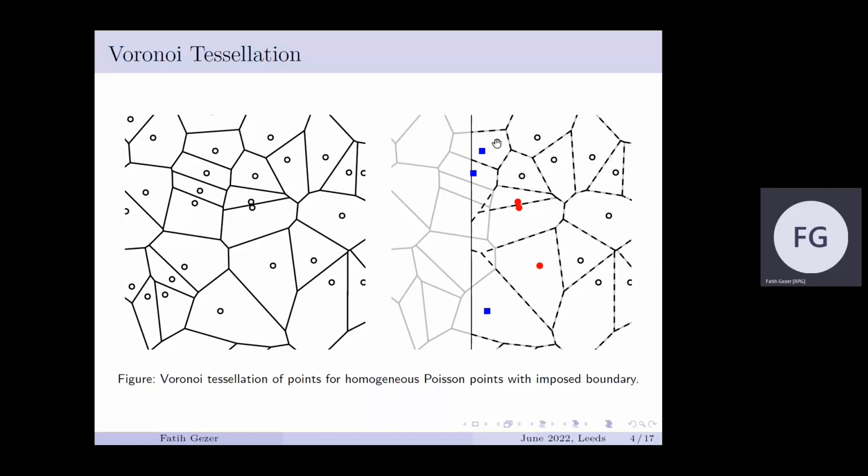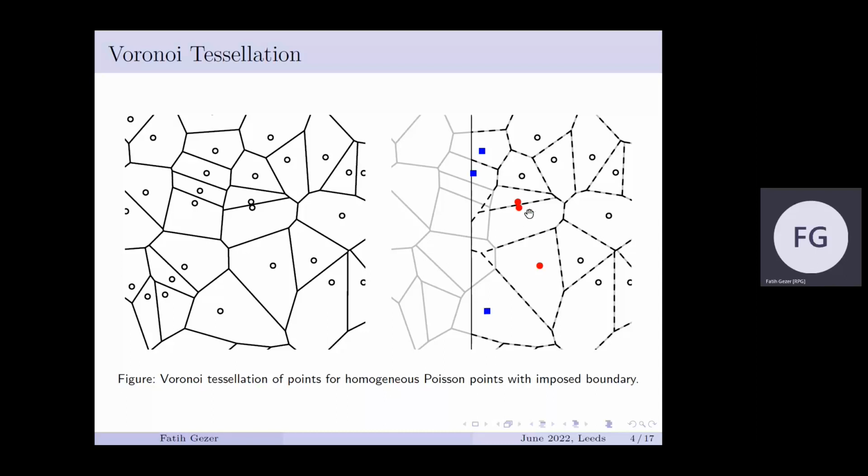But more interestingly, we have some red points. These points didn't intersect the boundary before it was imposed, and it still doesn't intersect the boundary. But we see that their shapes are also changed. It's a bit natural to have a change in the areas or the sizes of these cells, which are shown with the blue points.